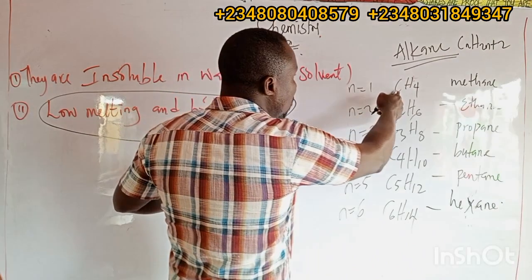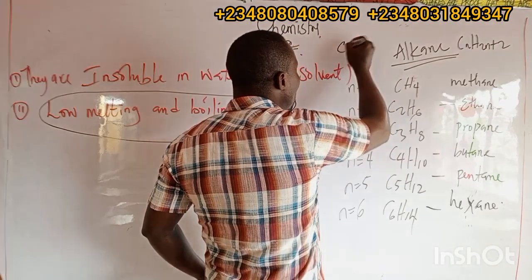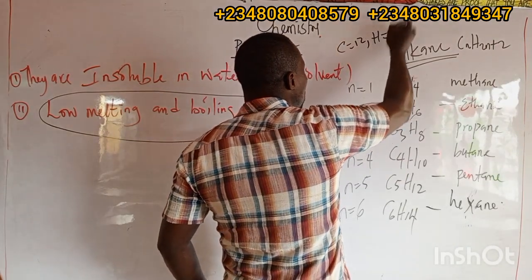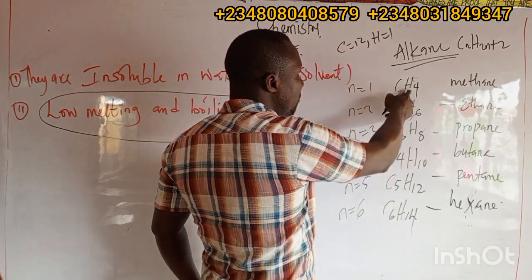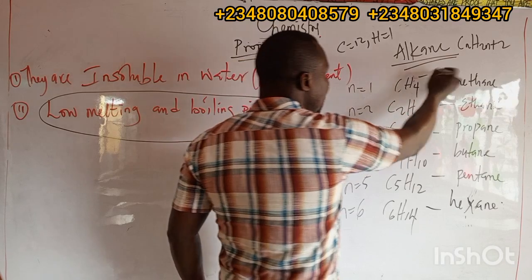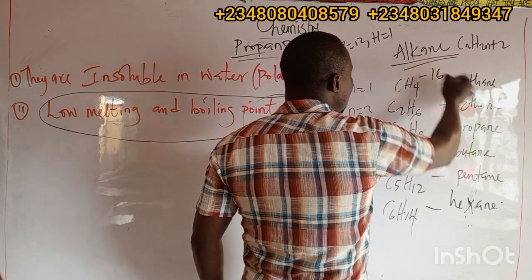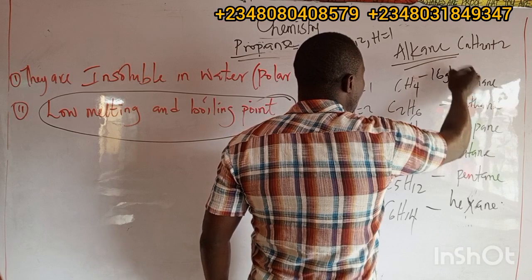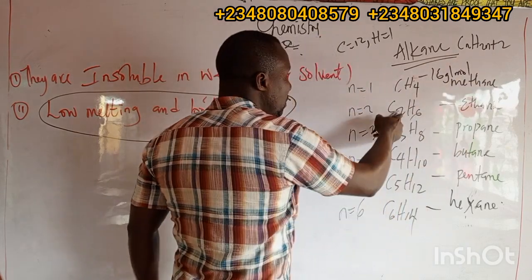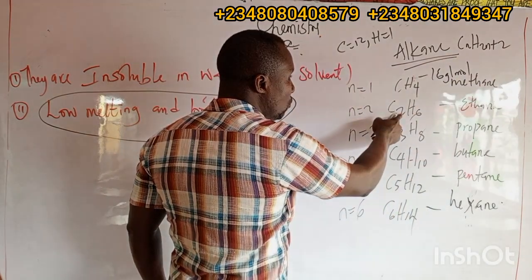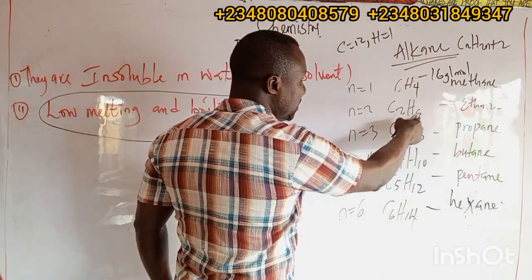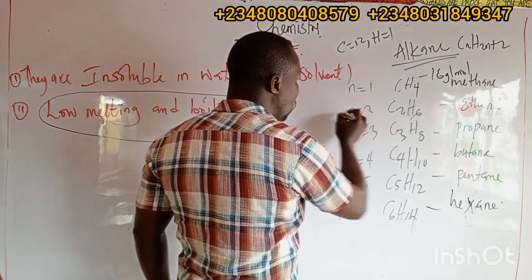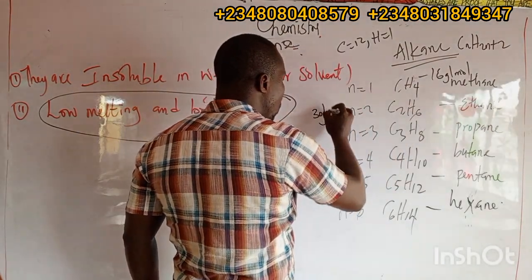What is the molecular mass of methane? Carbon is 12, hydrogen is 1. Methane is 12 plus 1 times 4, which is 16 grams per mole. Look at this one. Carbon is 12, 12 times 2 is 24, plus 1 times 6, that is 30 grams per mole.